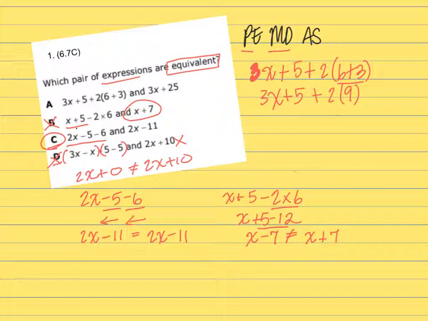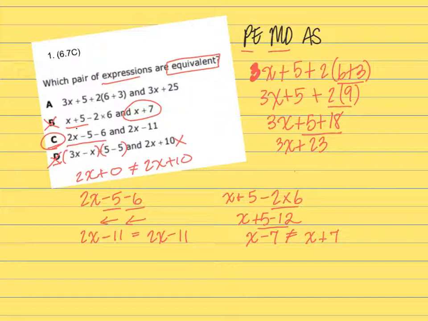And so let's continue with multiplication and division. So here's 18, 3x plus 5 plus 18. And then we add, and that is 3x plus 23.